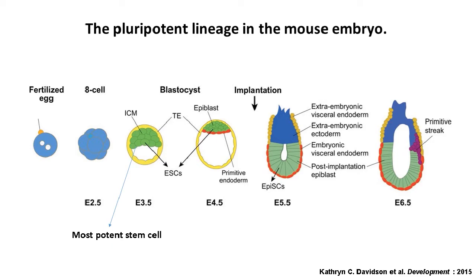Contrary to mouse embryonic stem cells, which are similar to naive cells, human embryonic stem cells, despite their derivation from pre-implantation epiblast, are analogous to late-stage epiblast stem cells and are in the primed state.